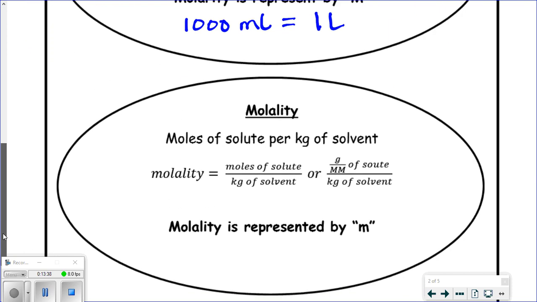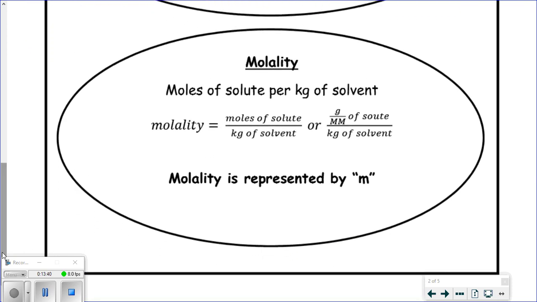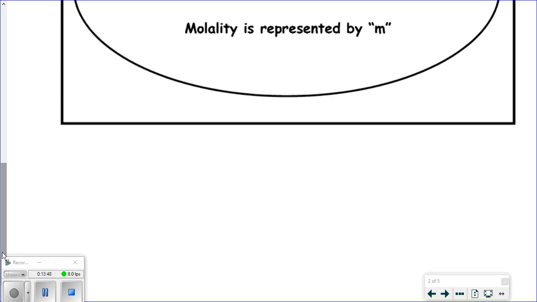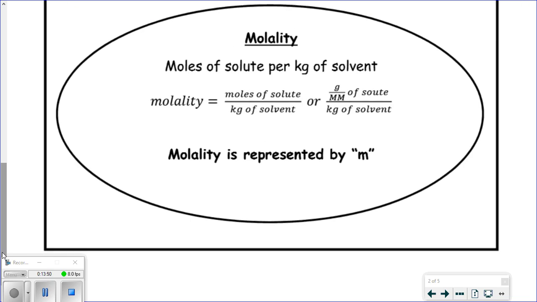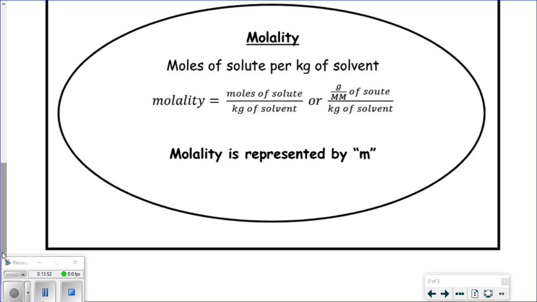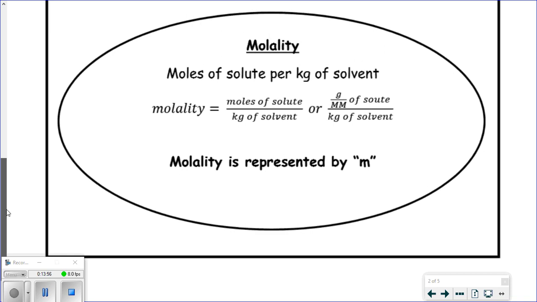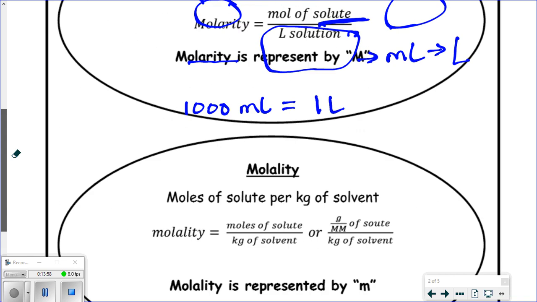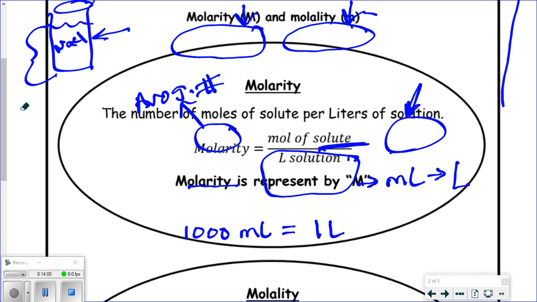Now, I'm going to tell you what molality is, but we're not really going to go over it too much. Again, this is sort of new, using my iPad with my computer to do this. So let's see if I can erase this stuff that's on here.